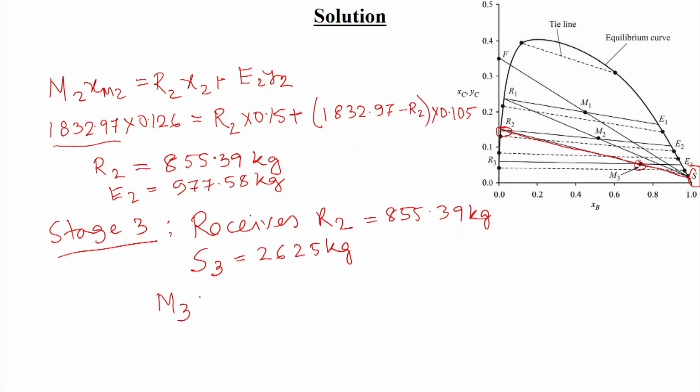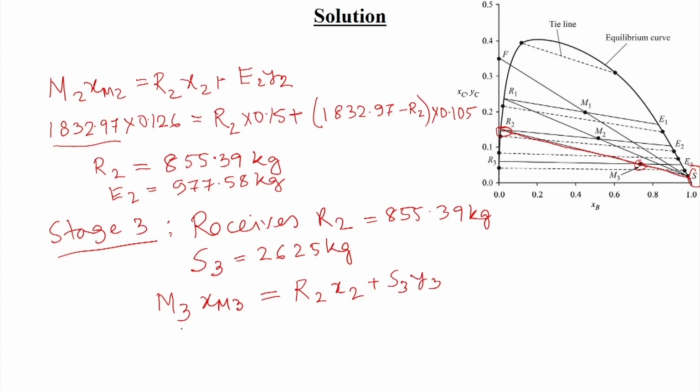So, M3 XM3 we need to get is equal to R2 into X2 plus S3 into Y3.